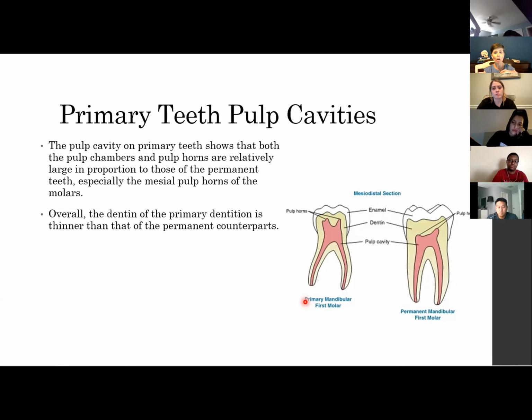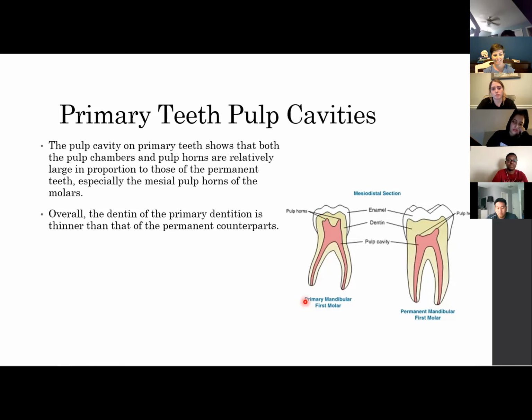The kids will come in and it'll just be a pink shell because it's completely resorbed. Everything on the inside is out. It is literally just enamel, hanging on for dear life. It's cracked into a billion pieces, but it's one little piece.